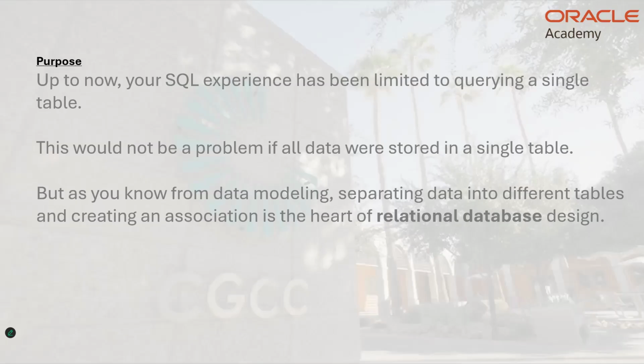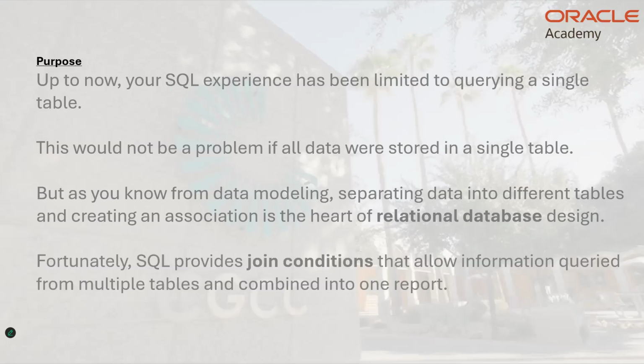Essentially, this is saying data modeling came about and basically created the relational database design. And yes, SQL provides join conditions essentially to allow you to run queries across multiple tables, 2 or more.